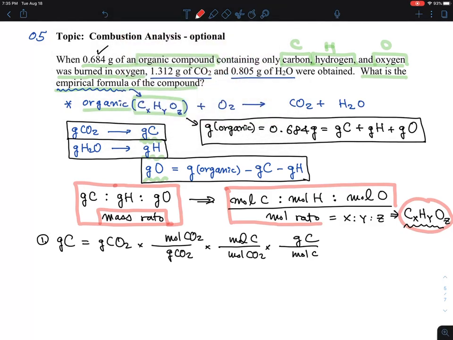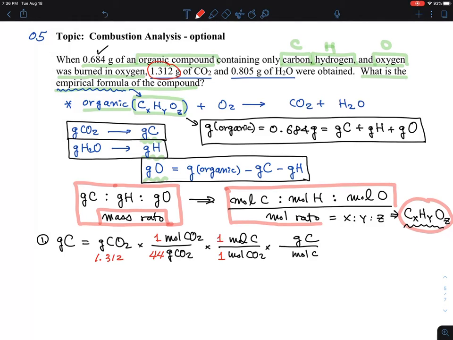So what's my grams of CO2? I can find the number here. That's 1.312 gram. And 44 gram is 1 mole of CO2, and 1 mole of CO2 was produced from 1 mole of carbon.